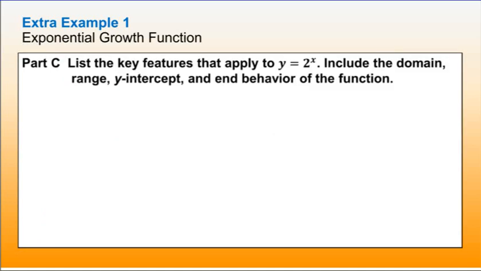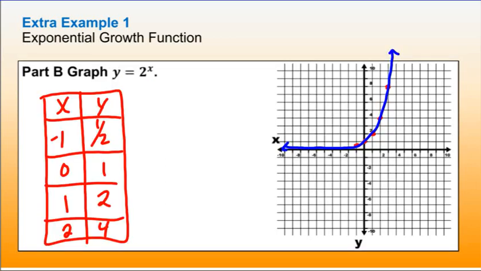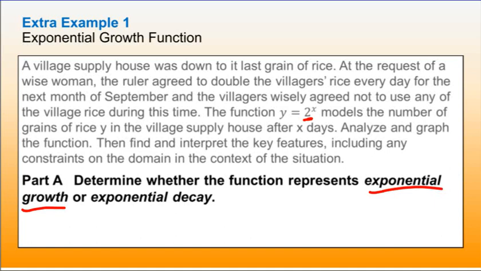Now list the key features that apply to y equals 2 to the x power. So the first thing we're going to do is the domain. The domain is going to be all real numbers. And going back to the original problem, it does say that we need to include any constraints on the domain in the context.